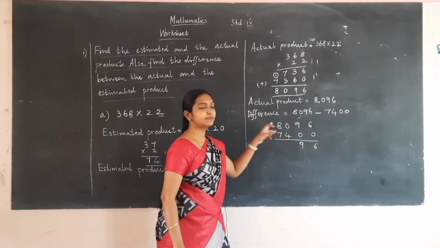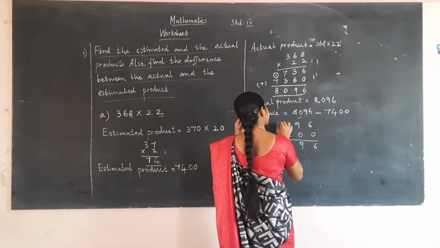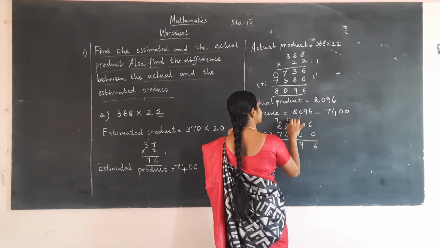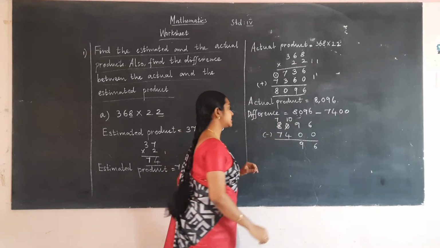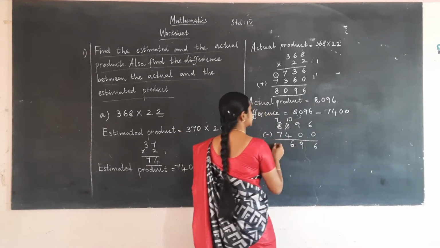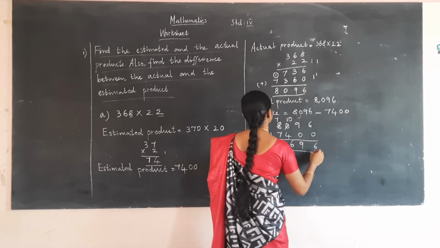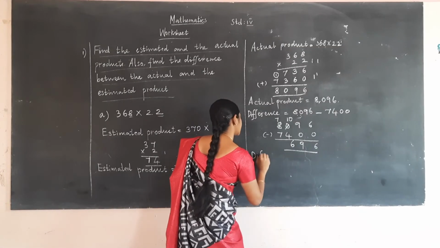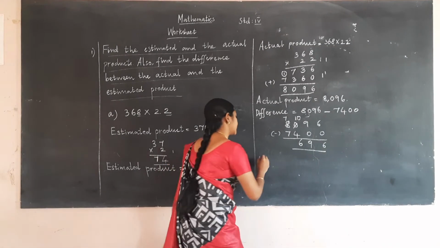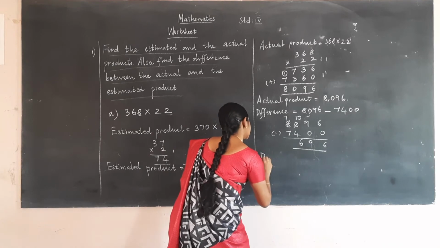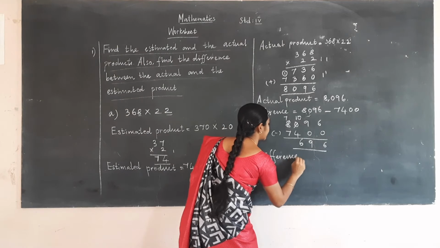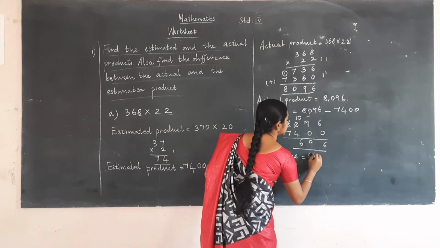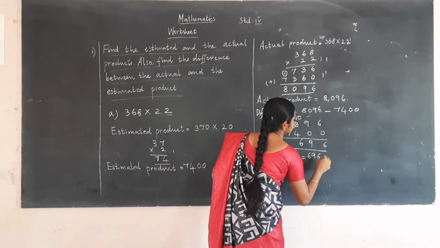So borrow 1 from before number. So 8 will be changed as 7 and 0 will be changed as 10. 10 minus 4 is 6. 7 minus 7 is 0. So the difference is 696.